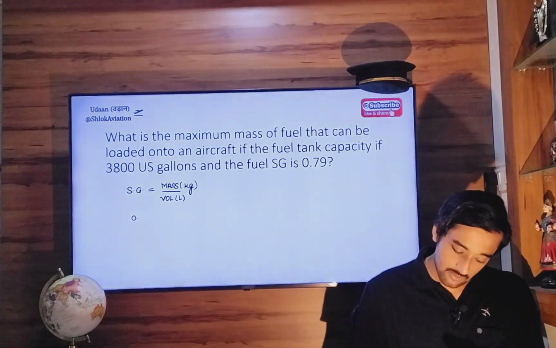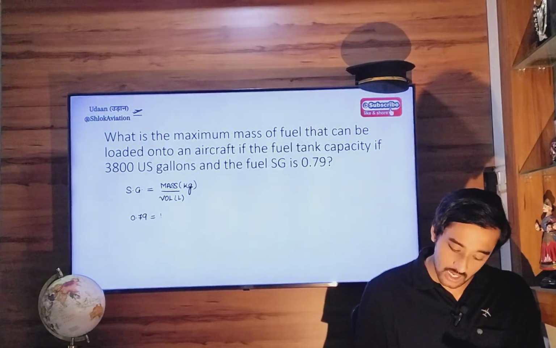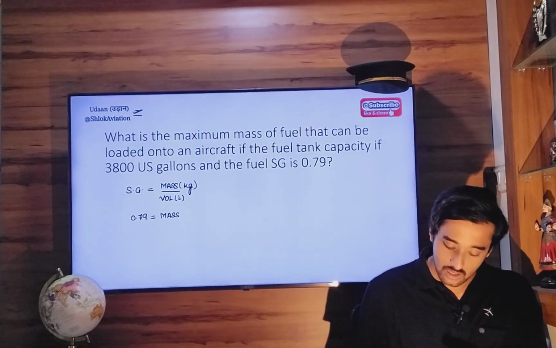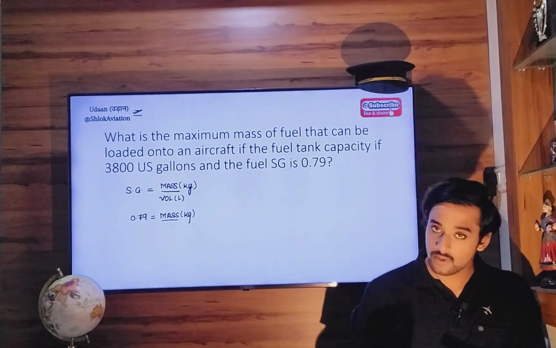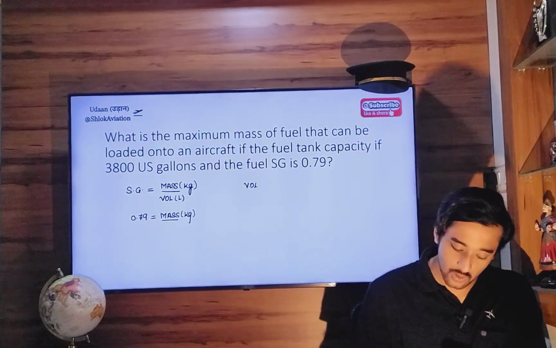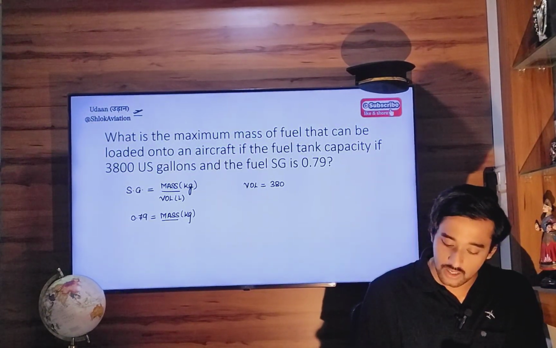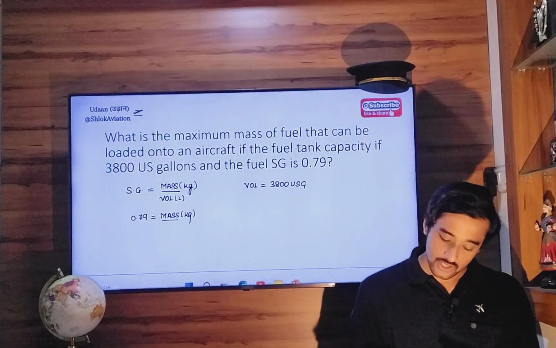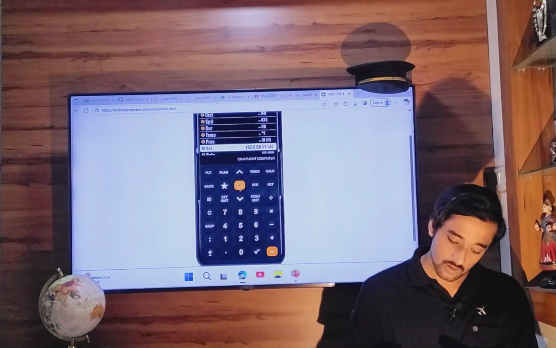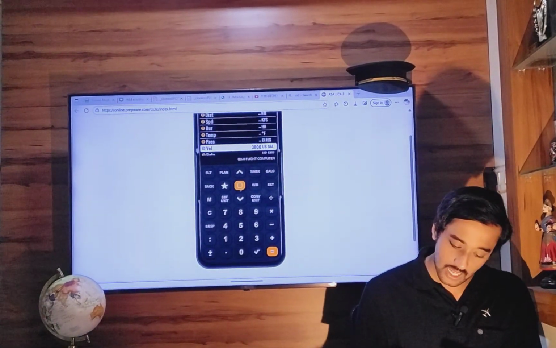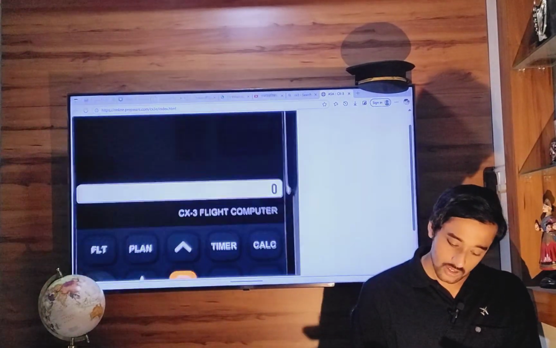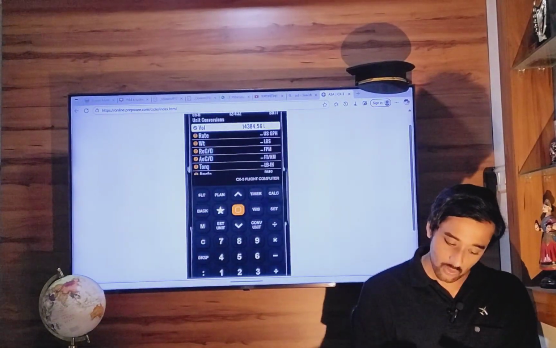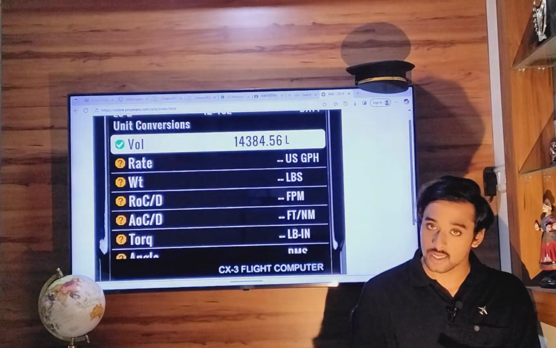So 0.79 equals mass in kg divided by volume in liters. Now the volume given to us is 3,800 US gallon. So that will be equal to 14,384 liters.